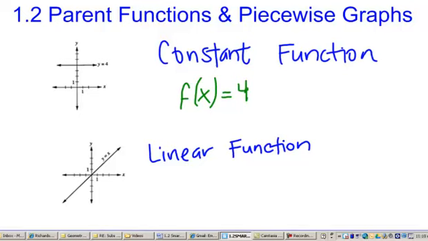Okay? The next one we're going to talk about is the linear function. And I know everyone knows that the linear parent function is f of x equals x.